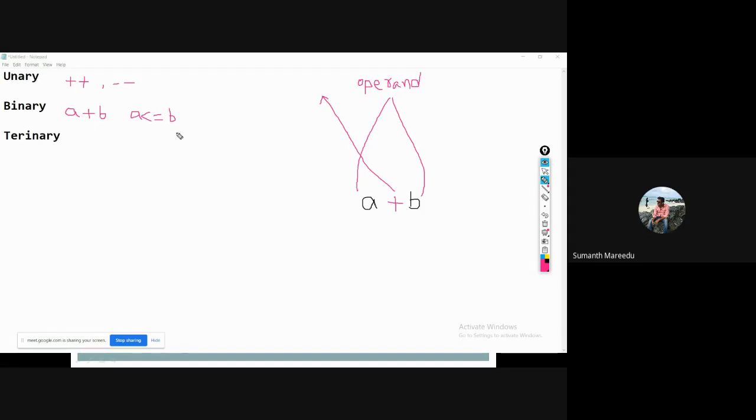Not all logical operators, because logical NOT is written like this, not A, so only one operand is enough, and it comes under unary operator.